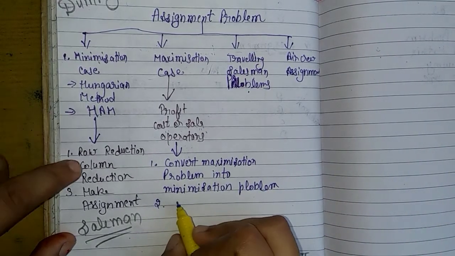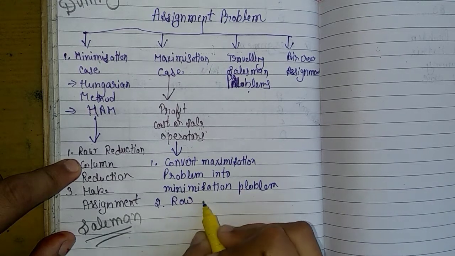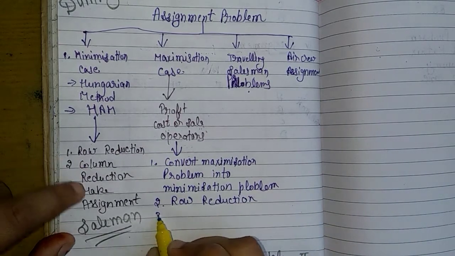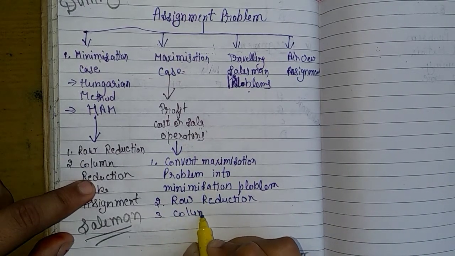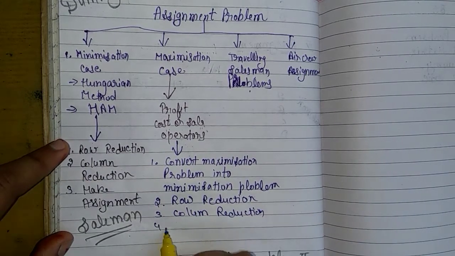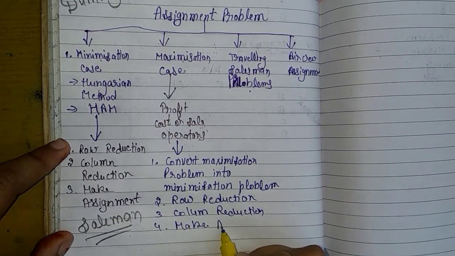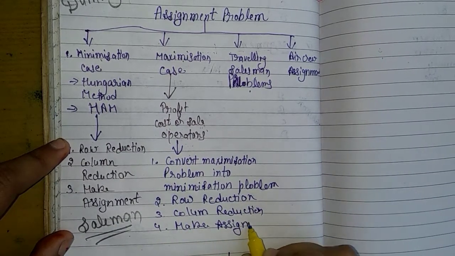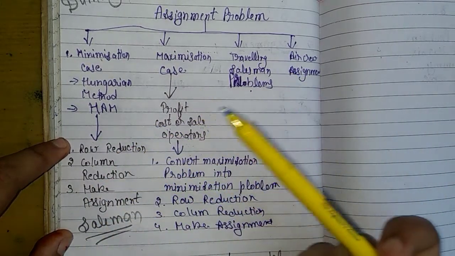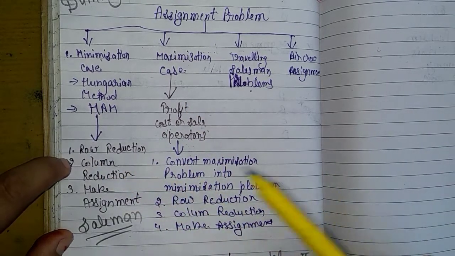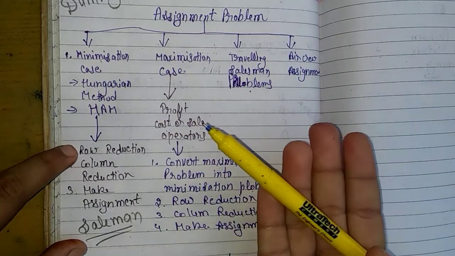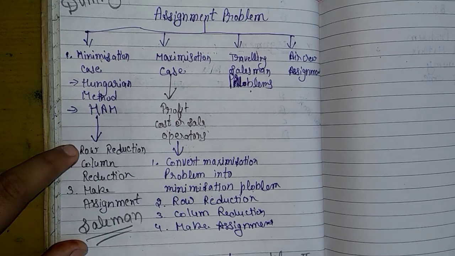Second step, row reduction. Third step, column reduction. And fourth step, make assignment. We can discuss in detail how we can do row reduction, column reduction, or convert maximization problem into minimization problem in another videos in which we can solve whole question.